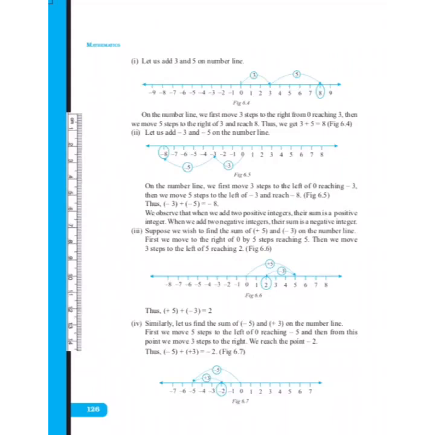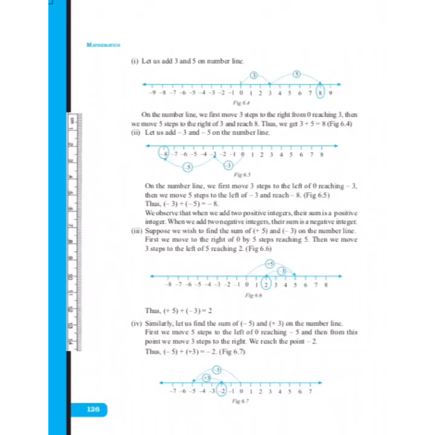Next one, minus 3 and minus 5. Adding minus 3 and minus 5 on the number line. So here what will we do? We will start from 0 and we will move towards the left, that is minus 3. And here we have to add minus 5 to minus 3. So what will we do?